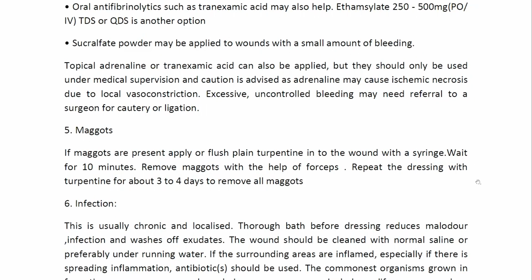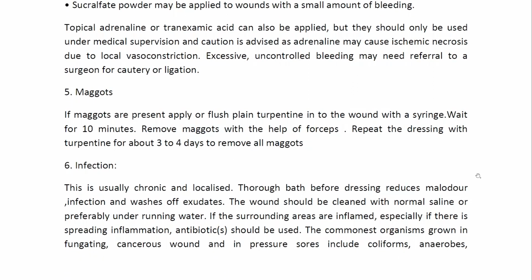Topical adrenaline or tranexamic acid can also be applied, but they should only be used under medical supervision, and caution is advised as adrenaline may cause ischemic necrosis due to local vasoconstriction. Excessive uncontrolled bleeding may need referral to a surgeon for cautery or ligation.